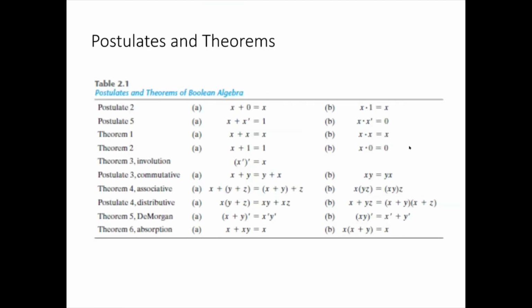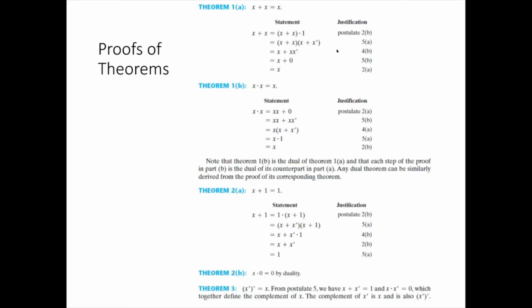The next step, you just use 5a, which says x or x naught equals 1. So you just substitute in for 1 with x or x naught.